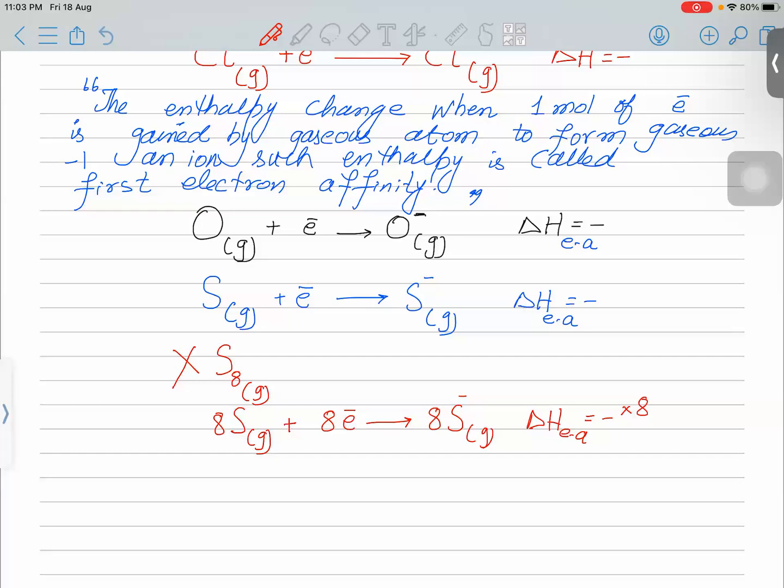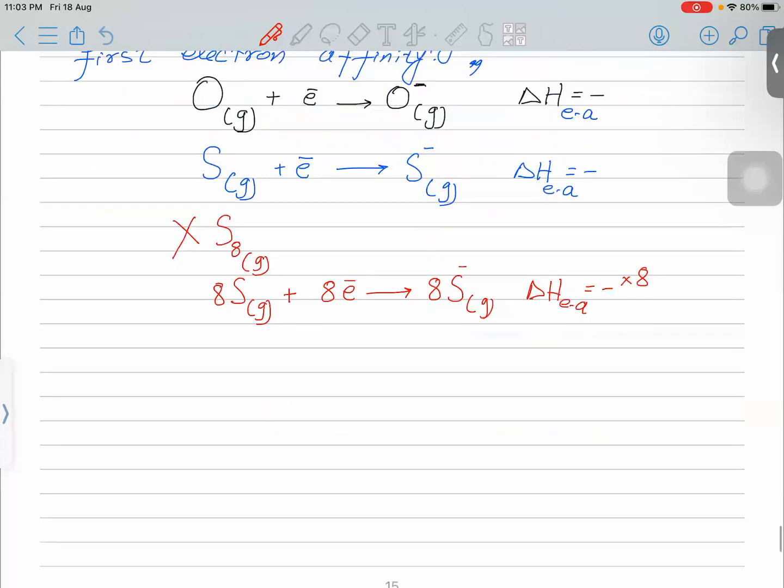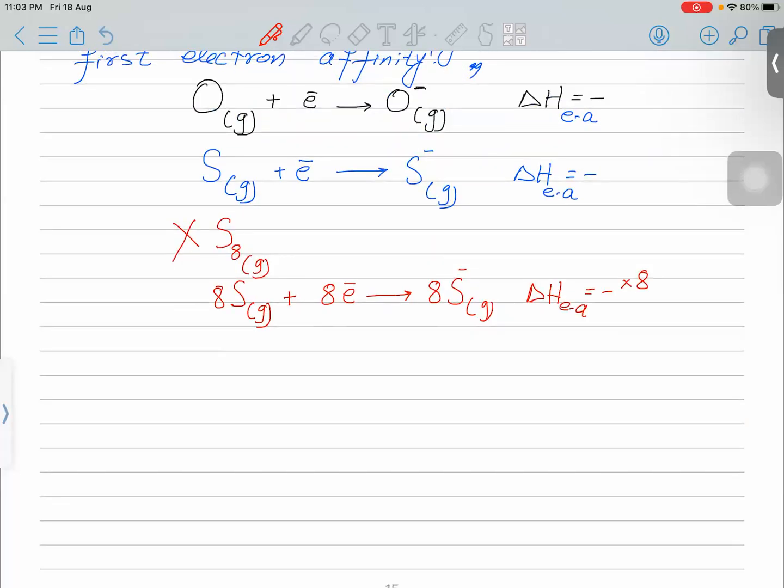Now next is, what about P4? So it will be 4P gaseous. Is it correct to write P4? No, sir. One electron is given, 4P is formed gaseous. Yes, this is wrong.